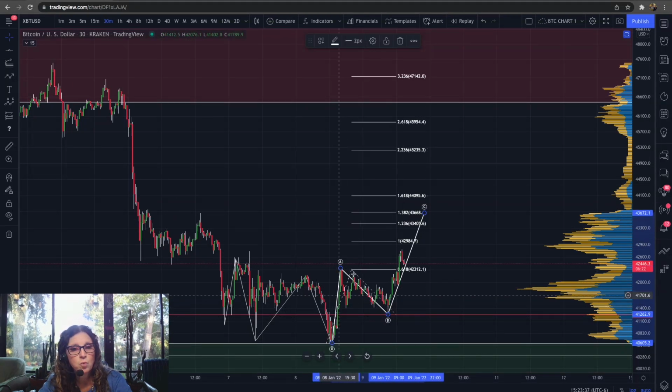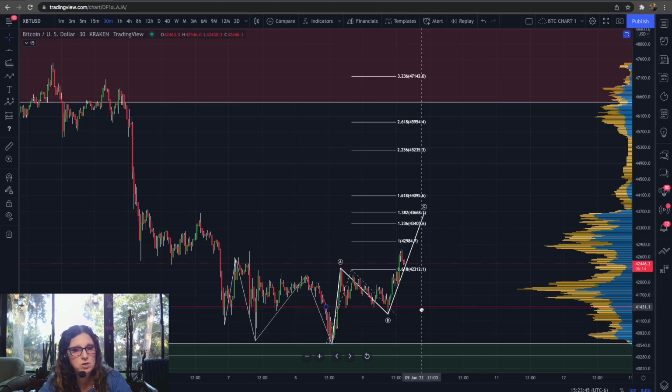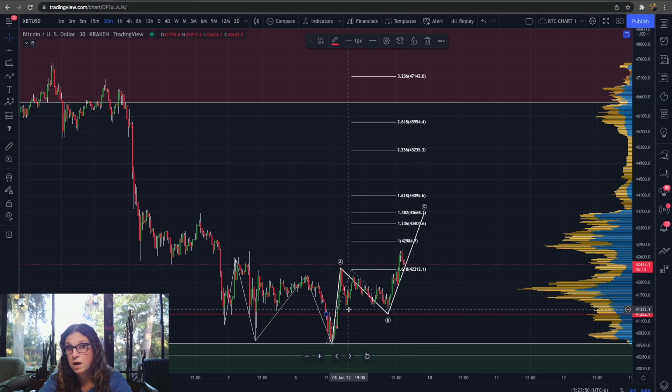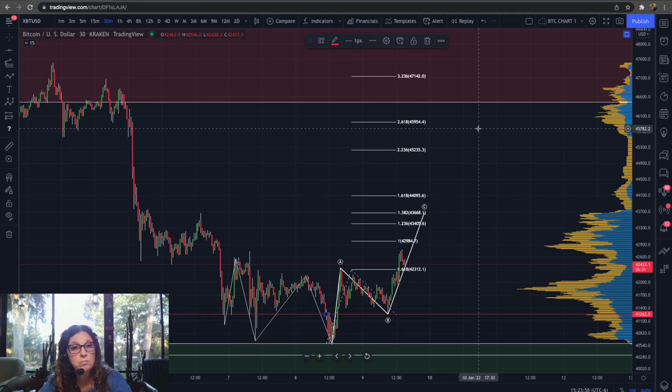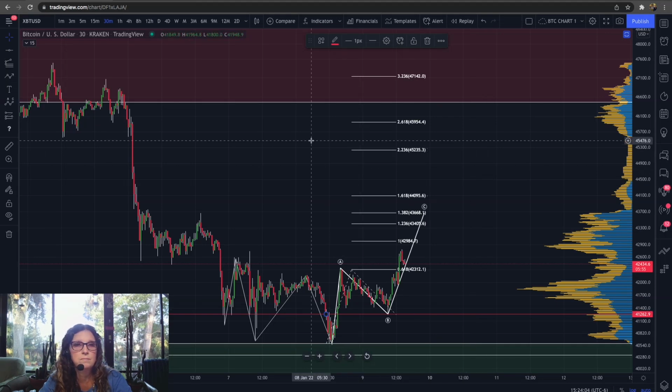Otherwise, 1-2, 1-2, it's going to find support, and it's going to blast off. It's pretty obvious where your stop needs to be here, guys. Not financial advice, but pretty obvious, right? Okay. So that's the gist of it. That's what it's got to do. If it doesn't, and it just makes ABC, we're coming back to the downside.